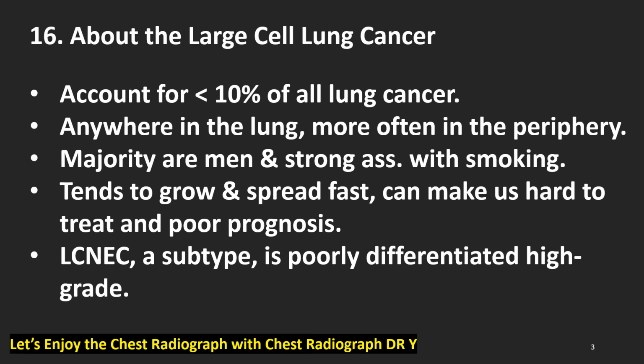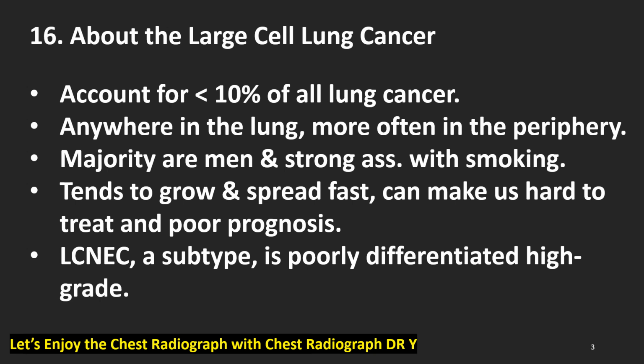First, I'll let you know some facts about large cell lung cancer. It accounts for up to 10% or less of all lung cancers, not so many. It can occur anywhere in the lung, more often in the peripheral zone than the central zone. The majority of patients are men, and it has a very strong association with smoking.